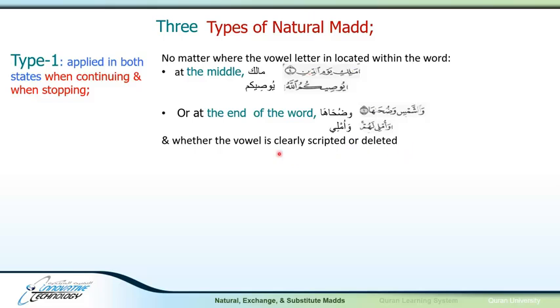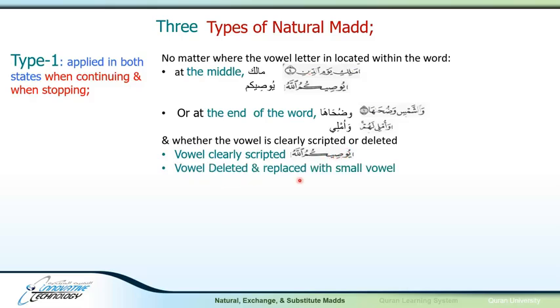It applies whether the vowel is clearly scripted or deleted. The case of vowels being scripted clearly is as in yusikum, we see the waw, we see the ya, and the vowels could be deleted and replaced with a small vowel. The example is maliki. We see that in maliki here, the a is not scripted. The meem comes directly with the lam, but there is a small a added to it.